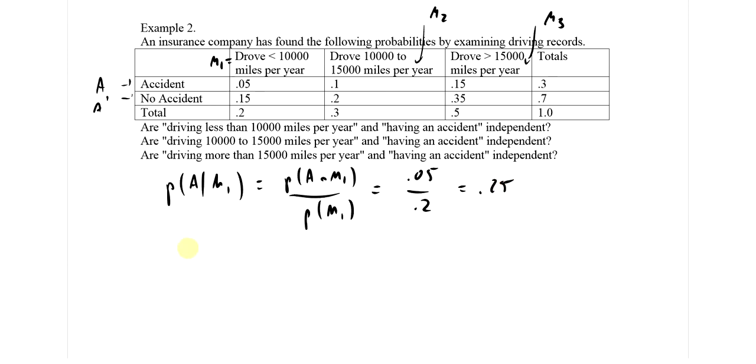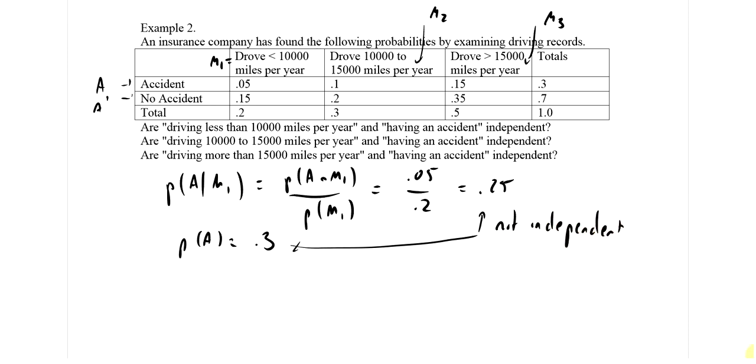What's the probability of getting in an accident overall? That's 0.3. So what we're saying is, of the people who drove less than 10,000 miles a year, they got into accidents at a rate lower than people in general, right? 30% of the people in general had accidents, but only 25% of the people who drove less than 10,000 miles a year had accidents. So, not independent.